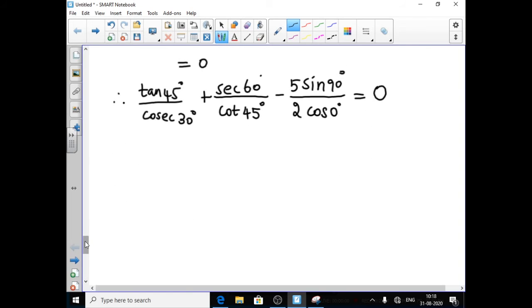So first subdivision over, then second subdivision.